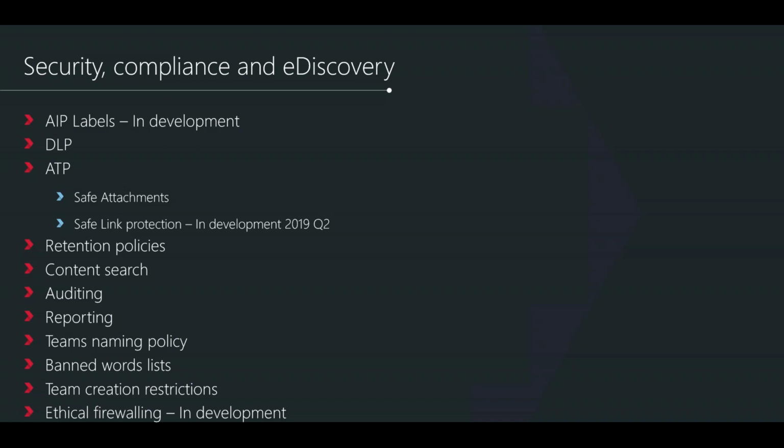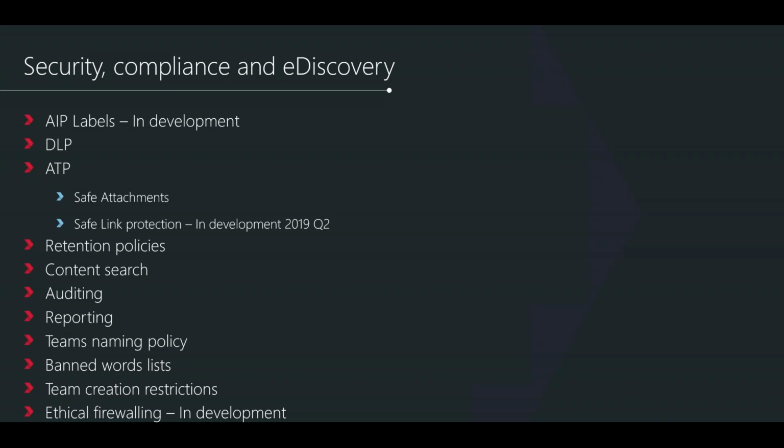The naming policy, banned words, and team creation are actually features of Azure AD. In Azure AD, you can configure various controls around Office 365 group creation. Some service desks were worried about the sprawl that Teams could potentially create in Azure AD.